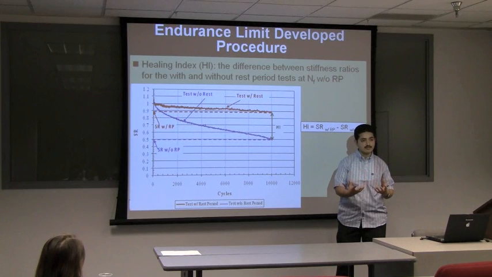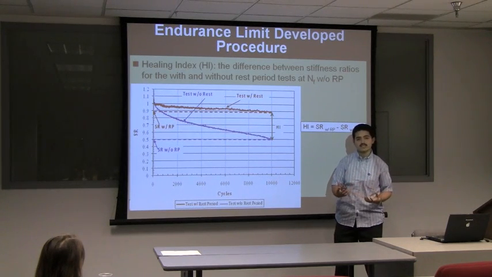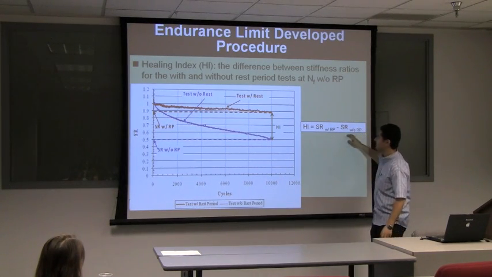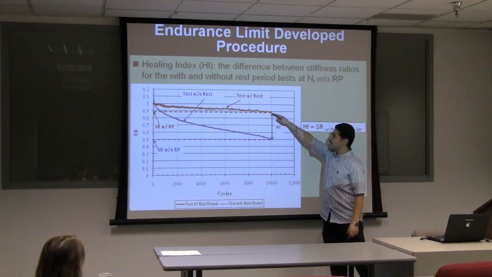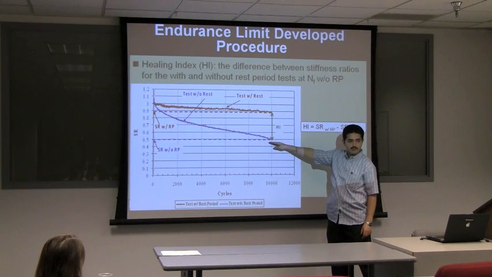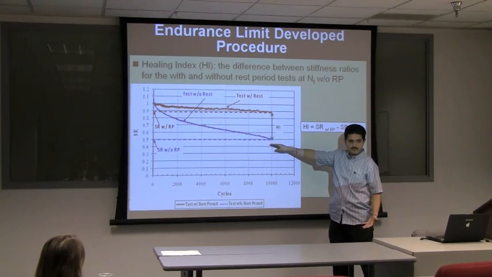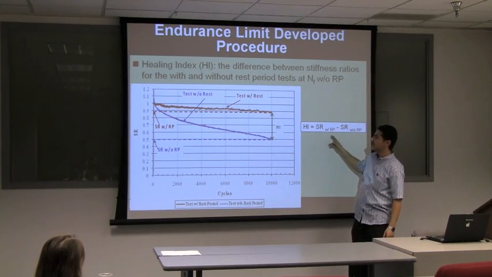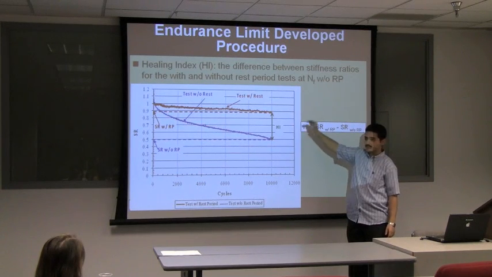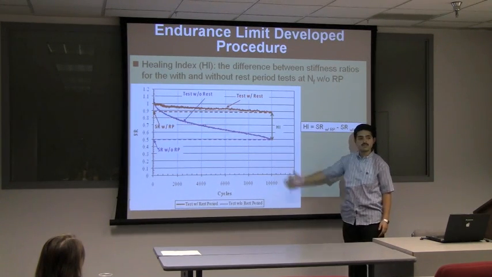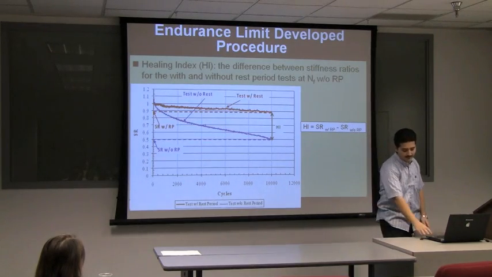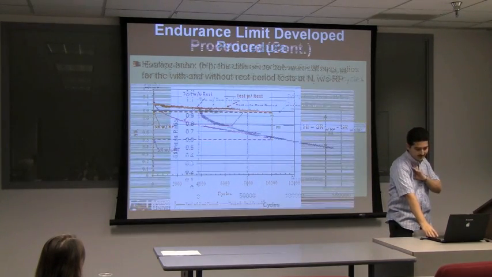How much gain am I having? This gain can be measured by this equation, which is the stiffness ratio with rest period minus the stiffness ratio without rest period. In this case, you can see the healing index for this test is 0.9 minus 0.5, which is equal to 0.4. I'm going to depend on this definition a lot.